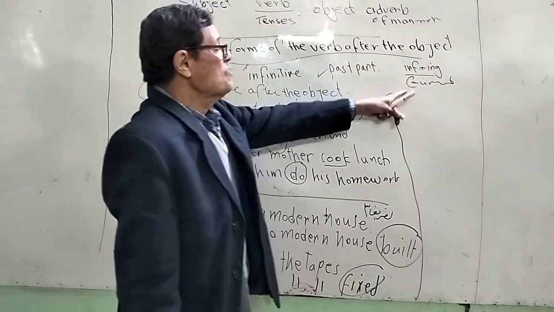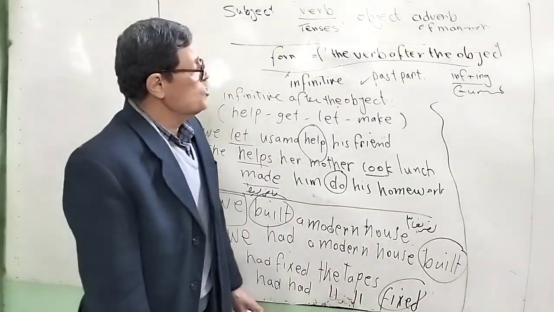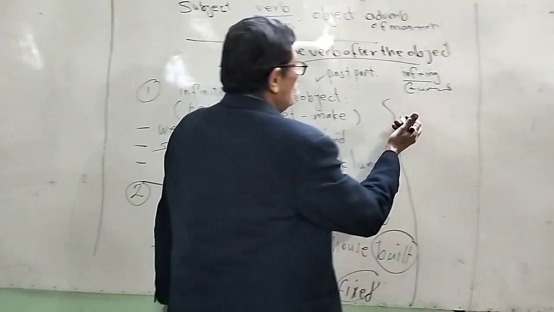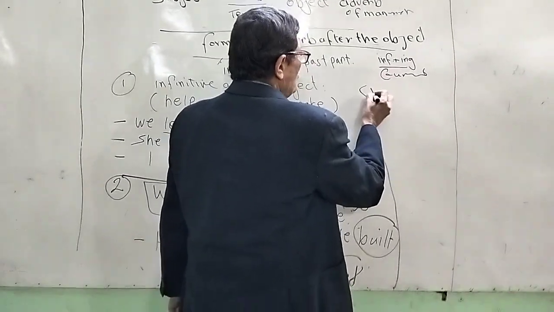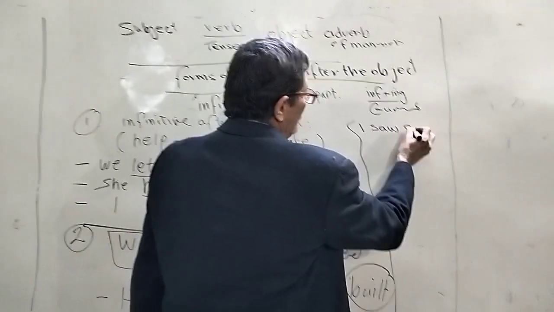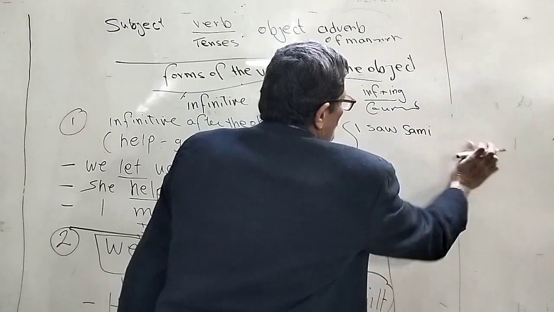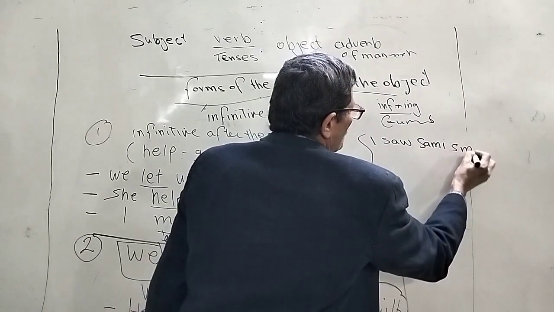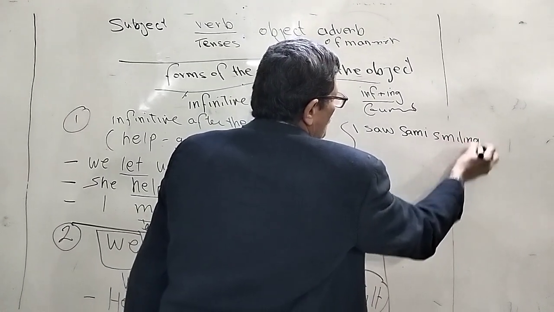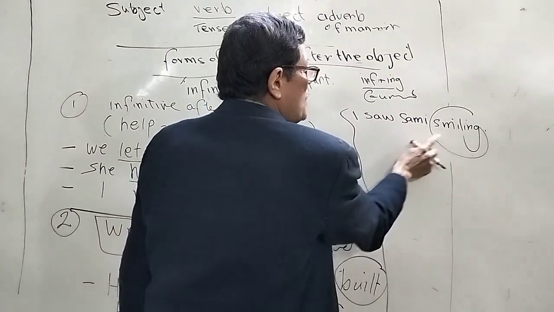What about the gerund after the object? For example, I saw Sammy smiling.